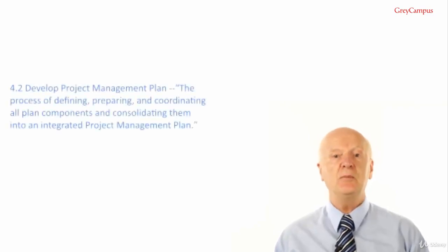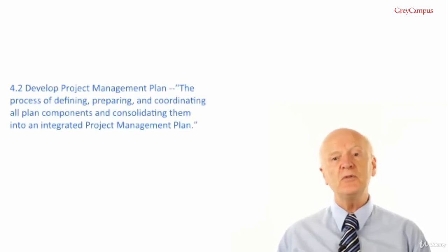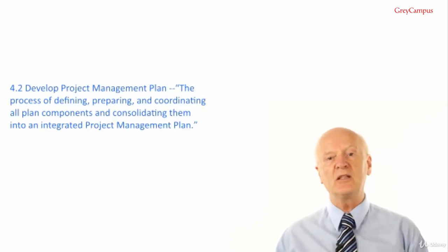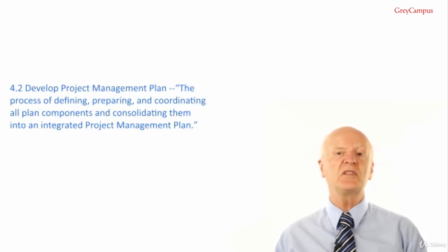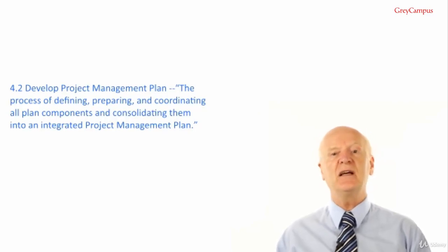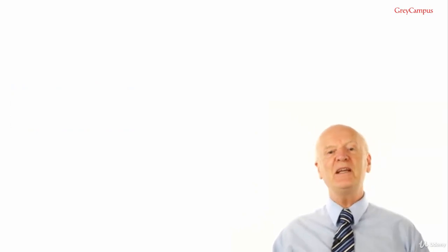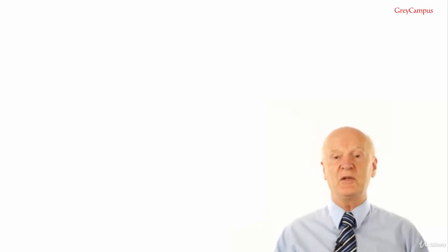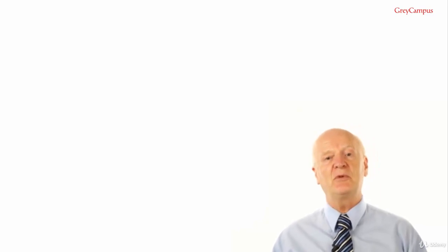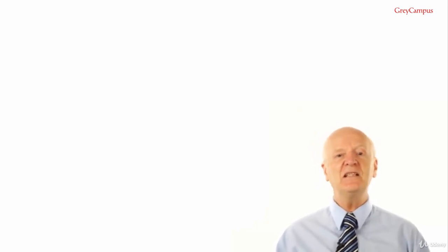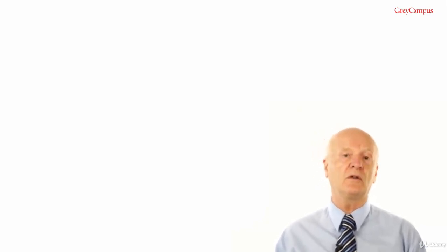4.2, develop project management plan. The process of defining, preparing and coordinating all plan components and consolidating them into an integrated project management plan. I will wave a big red flag here. Many people mistakenly think that the project management plan, also known as the project plan, is just the project schedule. But that is 94.4% wrong.